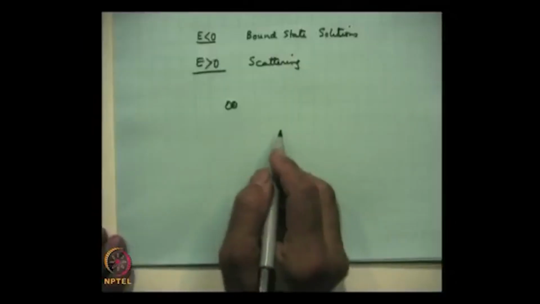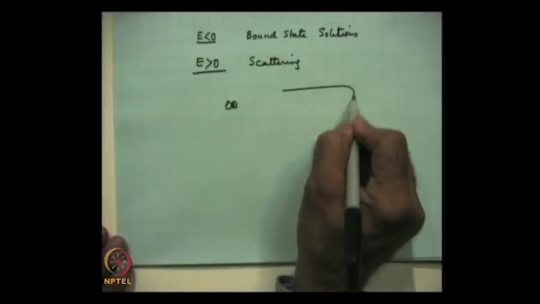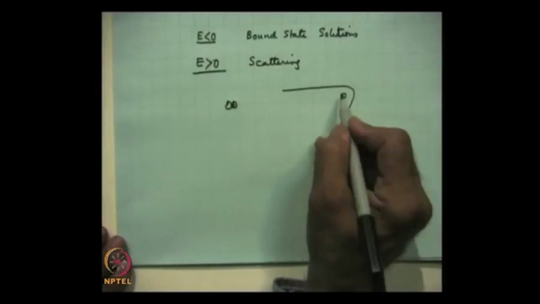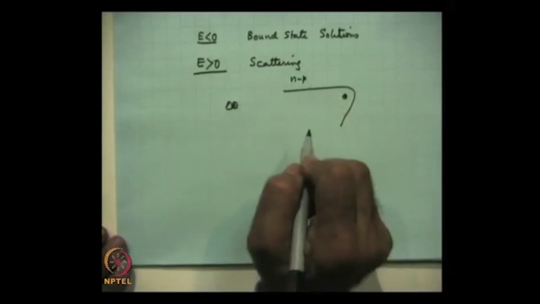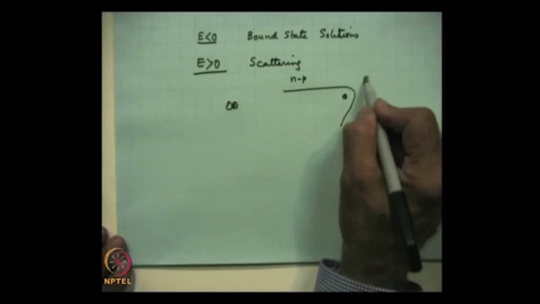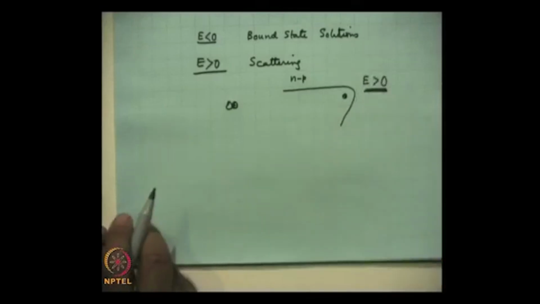On the other hand, you can have a neutron proton scattering problem, which is one of the most important problems in quantum mechanics, in which a neutron beam comes in and gets scattered by the proton. So, this is known as the neutron proton scattering. Those correspond to the continuum solutions, E greater than 0.